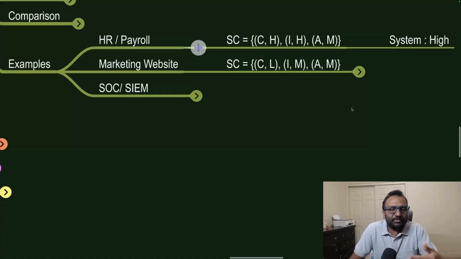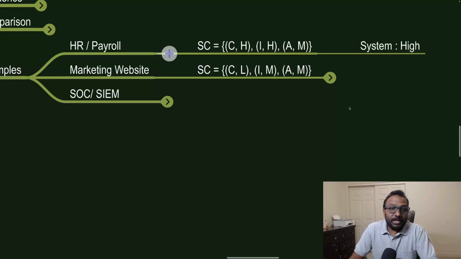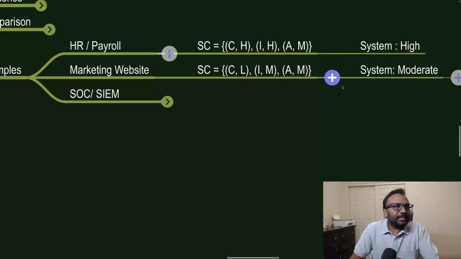Availability is moderate. If the system is not available for a certain time, the customer is looking, and if it is not available, there may be a chance that the customer may not come back. So availability is moderate, but not that high. In this case, the system categorization level is moderate. In the HR payroll case it is high, and in the marketing website case it is moderate.